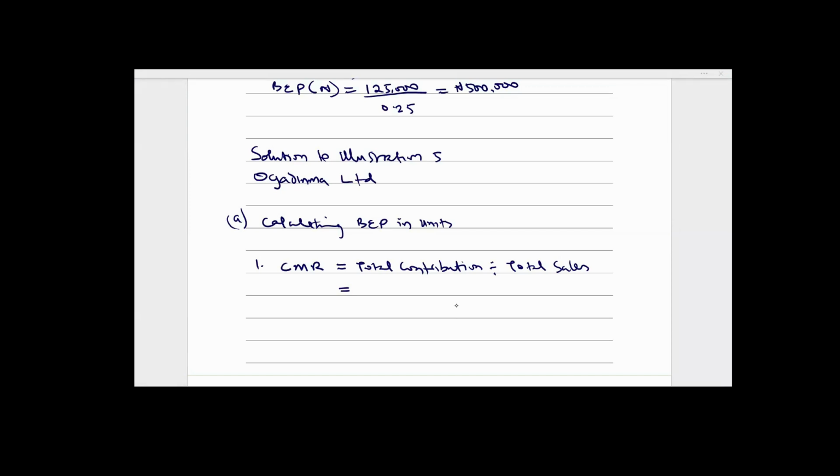Then the total contribution for the entire organization is 30 million. Therefore, 30 million divided by 90 million will give me the contribution margin ratio. Here is 30 million divided by 90 million naira, which is equal to 1/3.